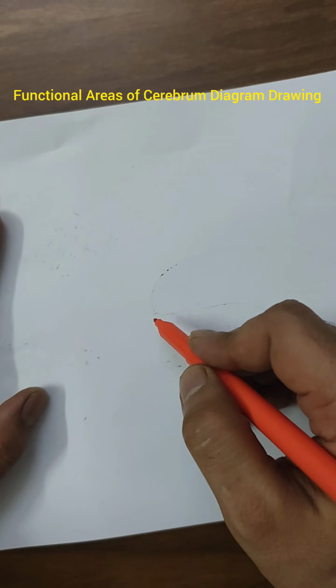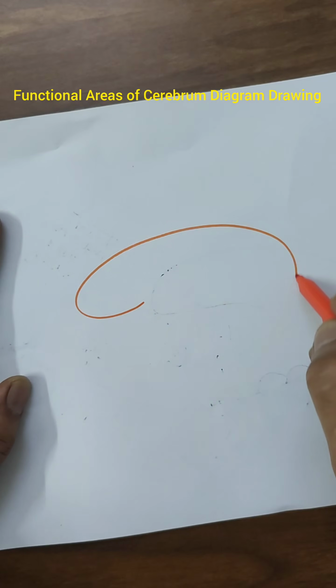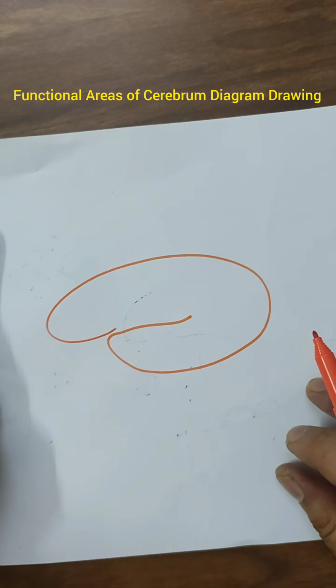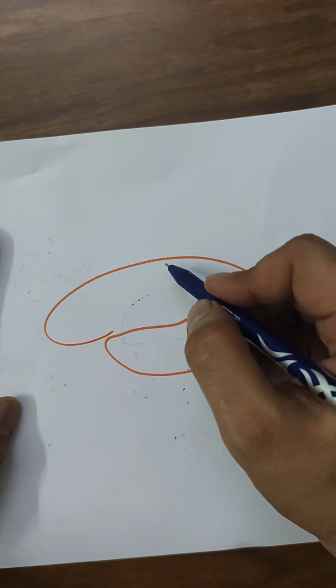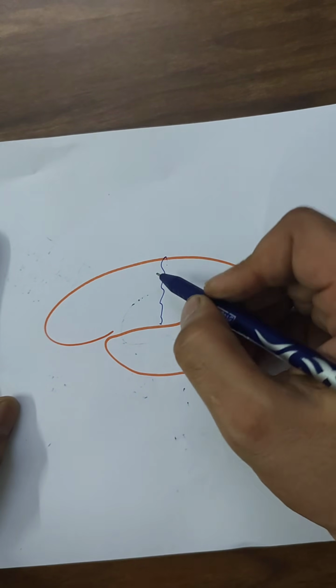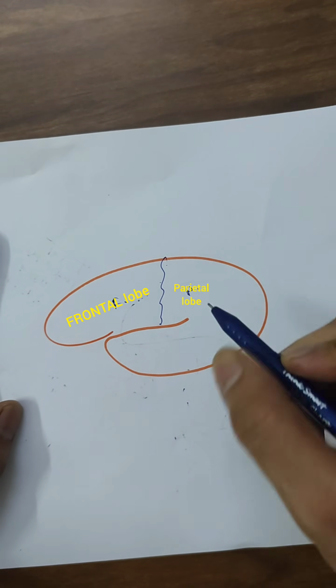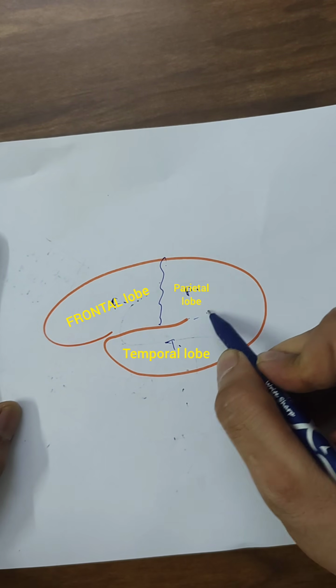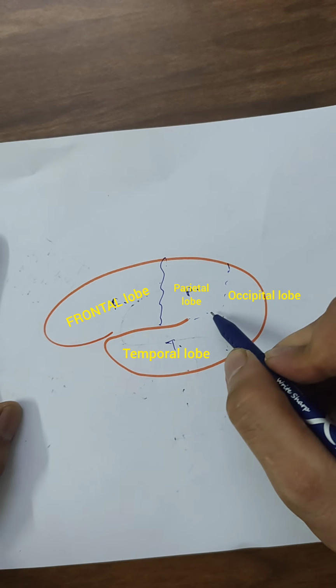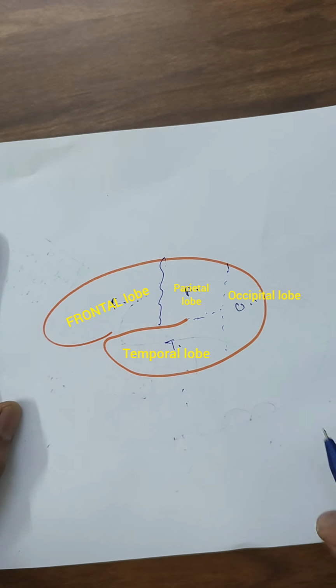So before going to the functional area, you should know about the lobes. Anterior to the central sulcus is the frontal lobe. Behind this is the parietal lobe, this is the temporal lobe, and this is the occipital lobe.